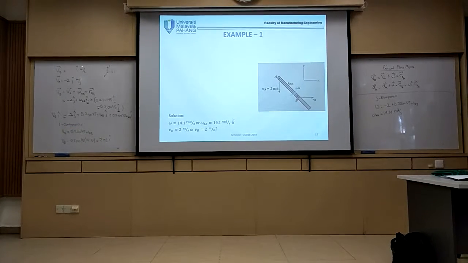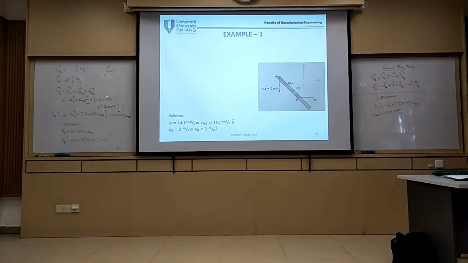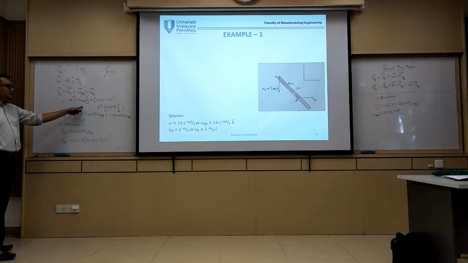For example, in here, we initially predicted that VB is in I, and the solution is also consistent: VB is only in I. Then you have to find the vector of position. Remember, it will be in I and J. Then you have to multiply it in the cross product with omega.